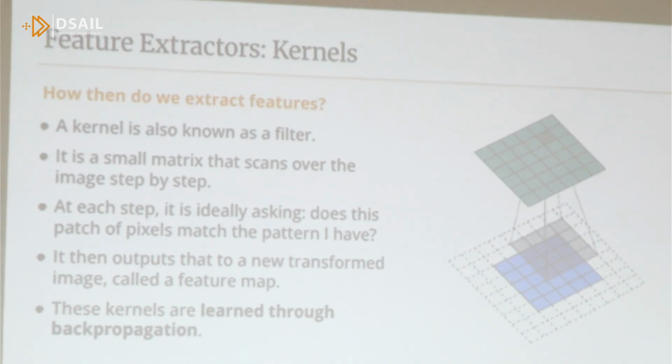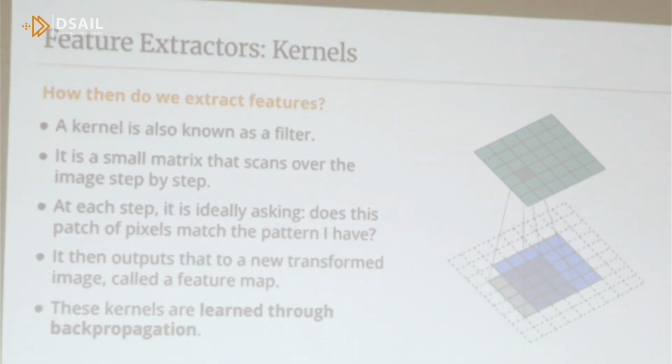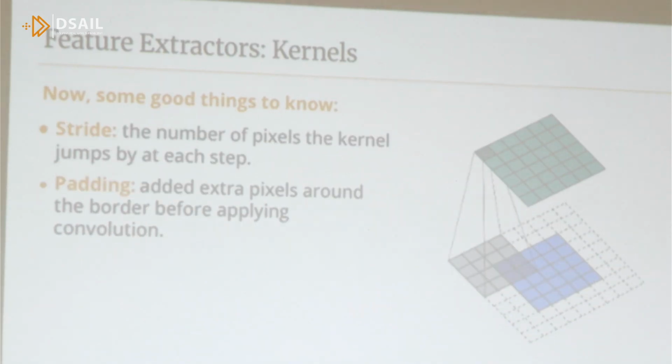And so essentially you may end up with a model that has learnt different kernels of extracting different features from the images that is able to distinguish or differentiate them along the road. So yeah, the new output is called the feature map. And so some two good things to know about this whole idea of convolution.